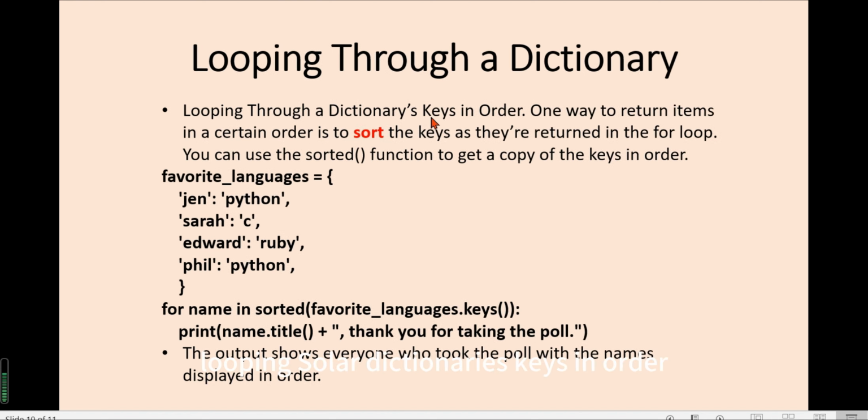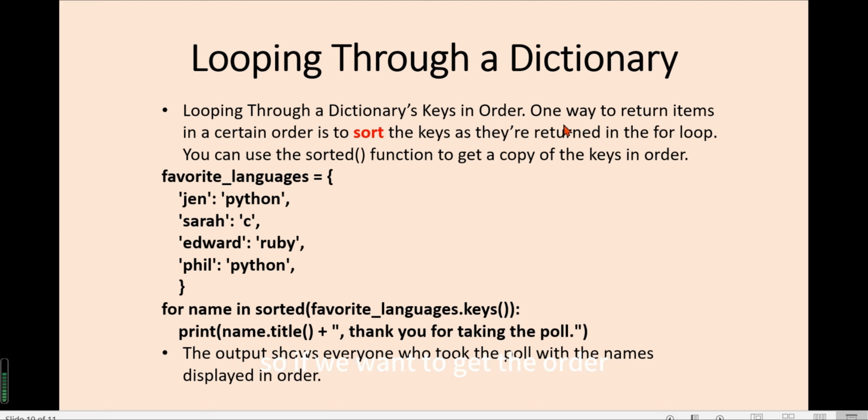Looping through a dictionary's keys in order. One way to return items in a certain order is to sort the keys as they are returned in the for loop. So you can use the sorted function to get a copy of the keys in order. Because we have learned in the last lecture that a dictionary cares only about the association between the key and the value, not about the order of the keys or the values.